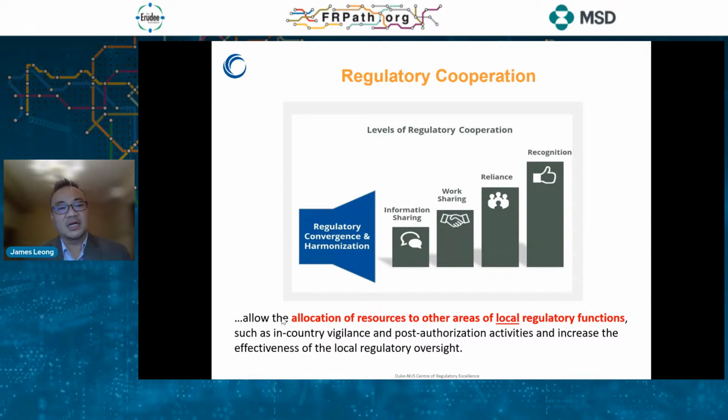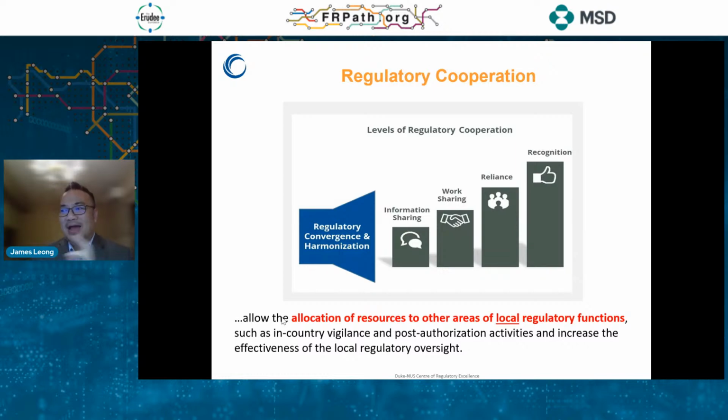But obviously, across the entire scope of regulatory cooperation, it does include even very simple steps of information sharing, or else it could be joint assessment or work sharing. And in fact, for joint assessment and work sharing, many of you are very familiar with the successes of the Access Consortium, and also the WHO ASEAN Joint Assessment Project as well.